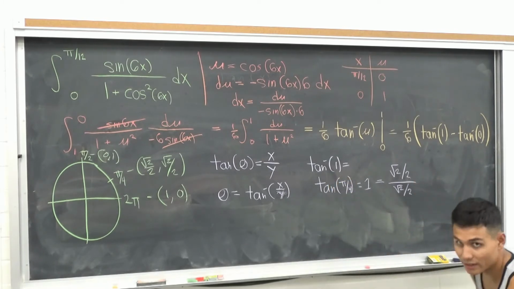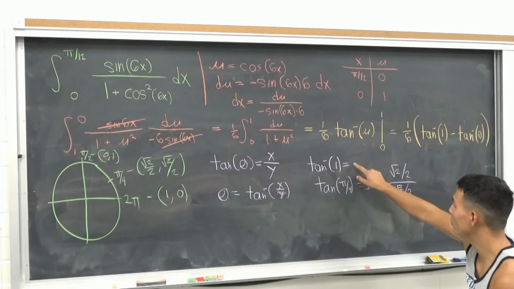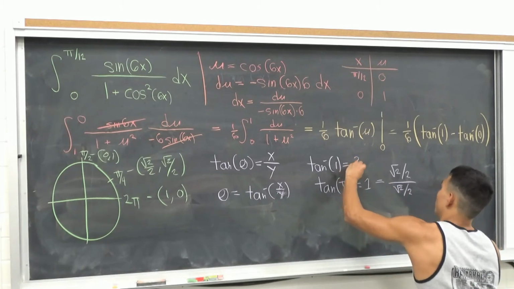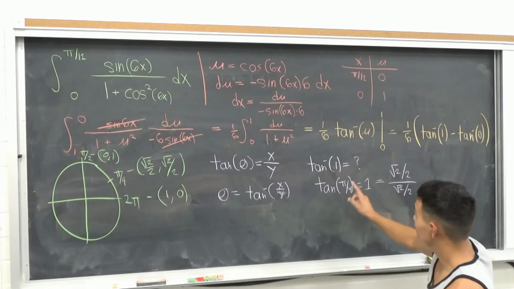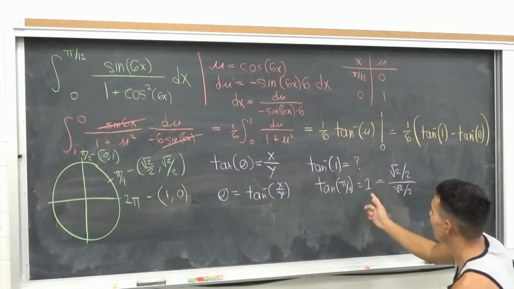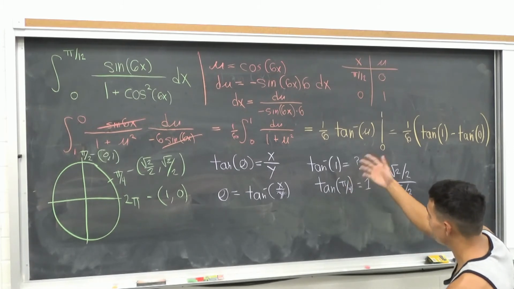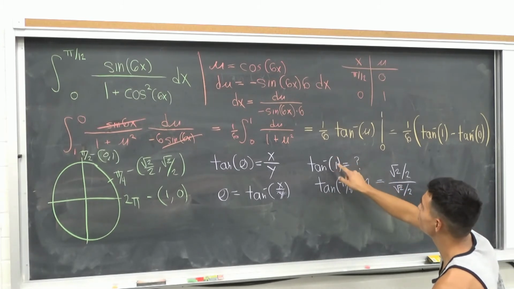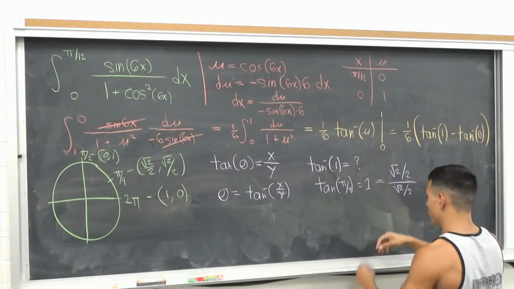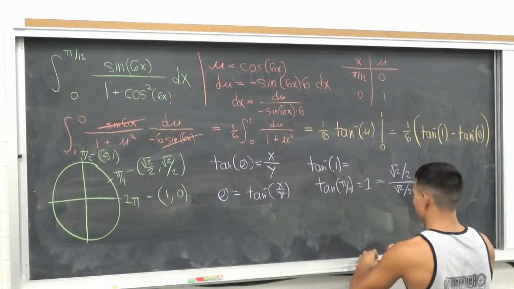Let me explain that again if you didn't get that. We don't know what tan inverse of 1 is, that's a question mark. But we do know that tangent of pi over 4 is equal to 1. So then we know the opposite: tan inverse of 1 must equal pi over 4.